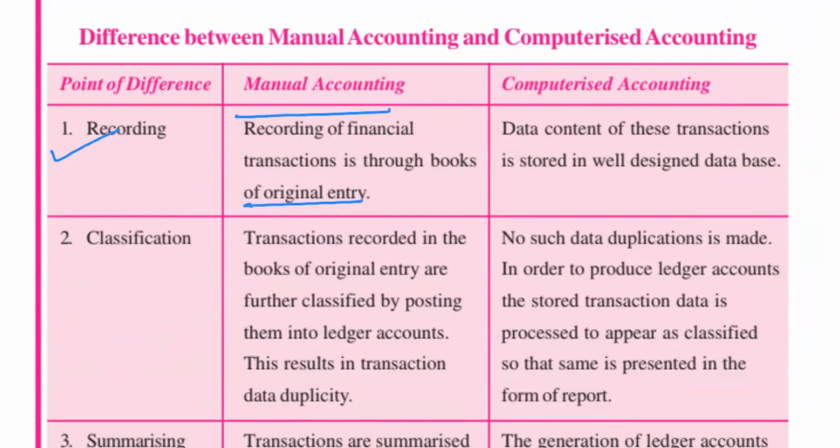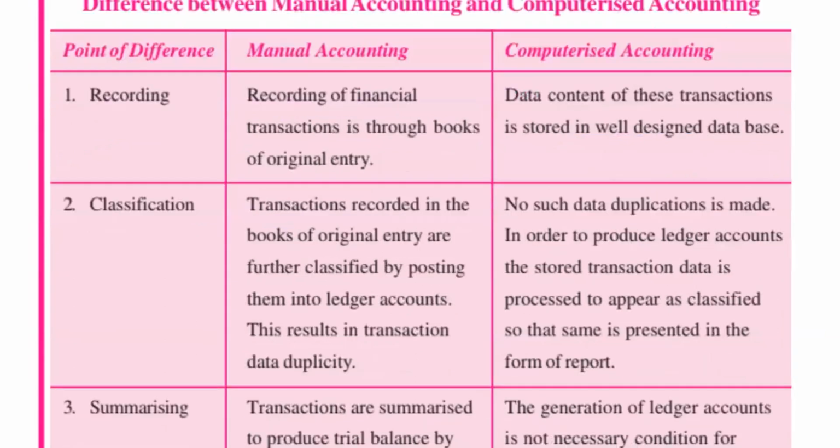But under computerized accounting system, the data content of these transactions is stored in a well-designed database, like Tally or SAP. Do you know SAP? Tally. These are computer softwares.